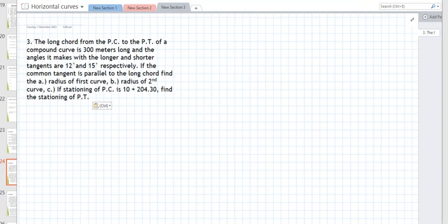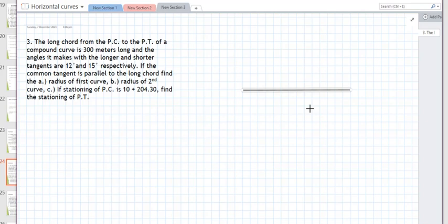so we have here another example problem. The long chord of the PC to the PT of a compound curve is 300 meters long. So let's say this is point PC to PT. So that is 300 meters.